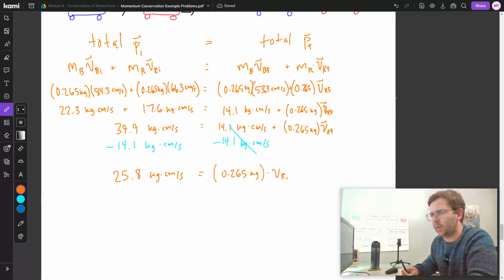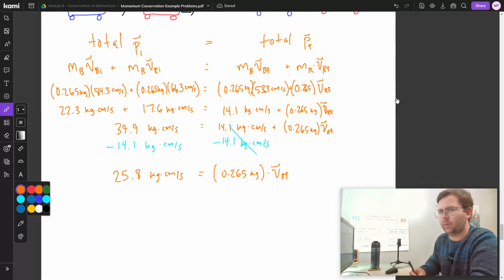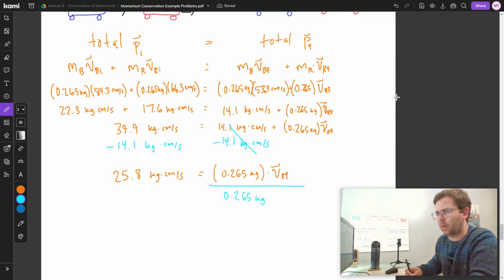And now we can divide both sides by our mass to figure out the velocity of the red car at the end. The kilograms cancel out. These go away as well.